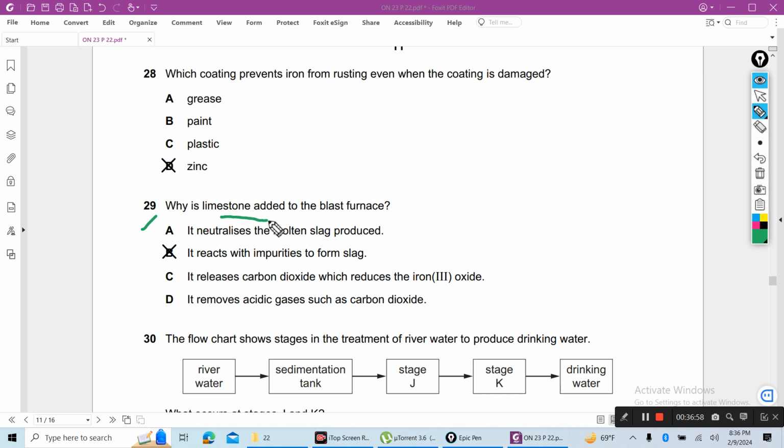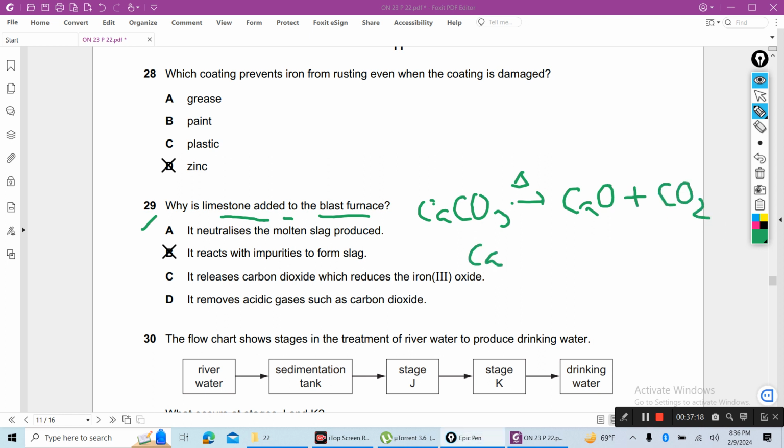Why is limestone added to the blast furnace? Limestone, calcium carbonate, breaks down by heating to form calcium oxide and carbon dioxide. This calcium oxide reacts with impurities to form slag.